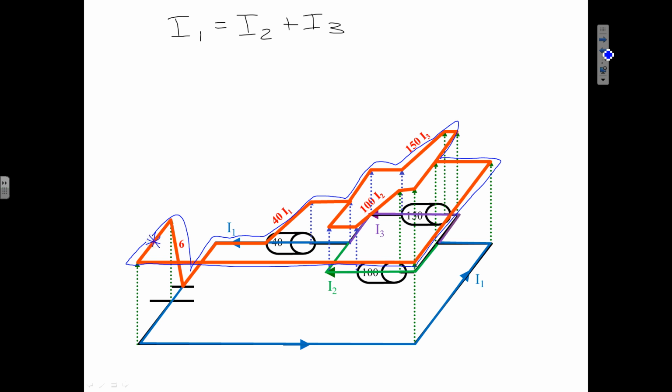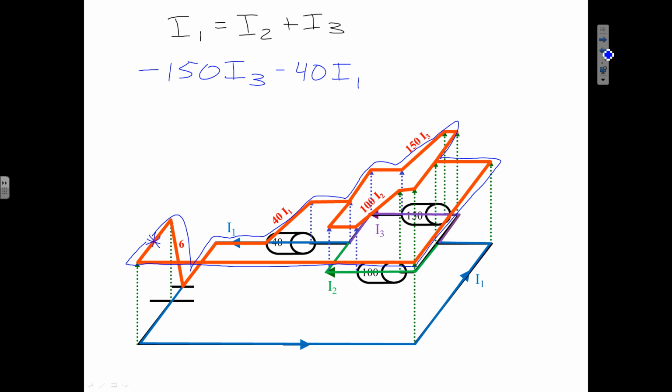So as I'm going around my blue line here, I go down across the 150 I3, so I put in negative 150 I3. I continue along, and I hit another downslope across the 40, so it's minus 40 I1.